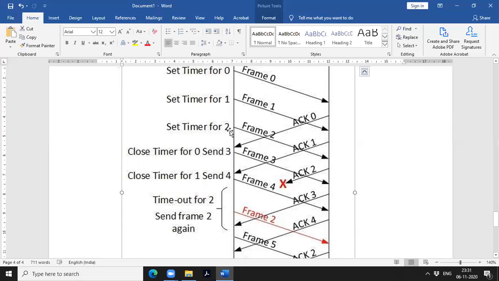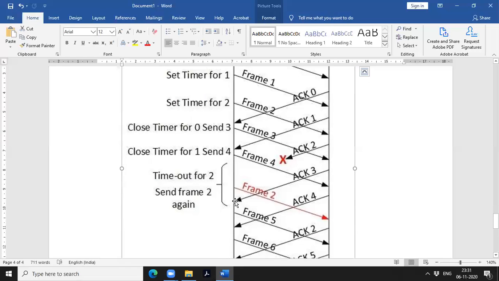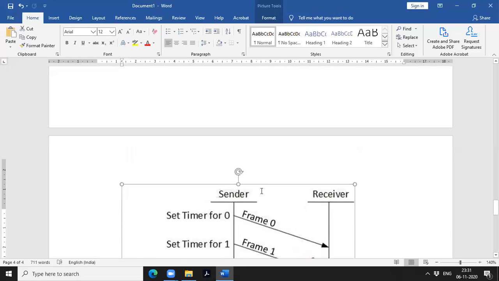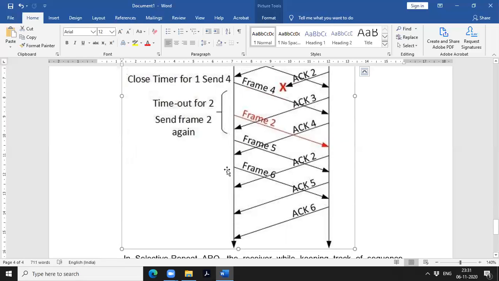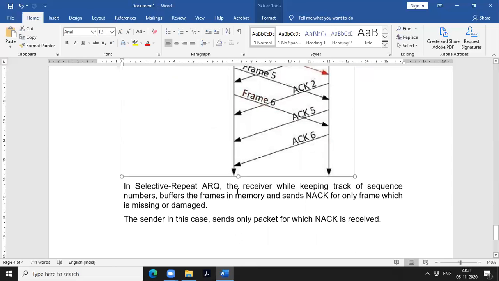Here frame 2 has been damaged since we are not receiving the acknowledgement. So the sender will retransmit that particular frame alone. This is the main advantage of selective repeat ARQ. Again the frame 5, frame 6 go on. If you see here, for frame 5 we receive an acknowledgement, for frame 6 we receive an acknowledgement, right?